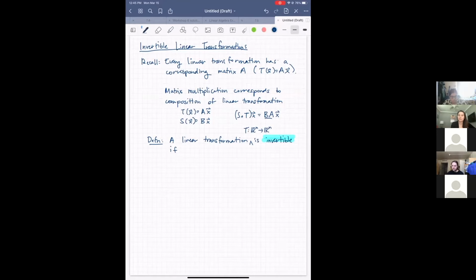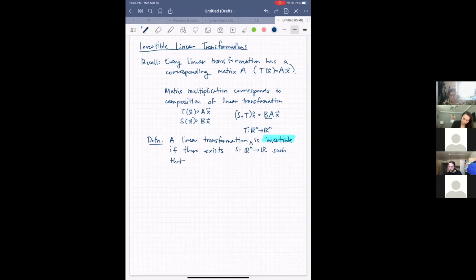It's actually necessary for it to be from Rn to Rn. A linear transformation is invertible if there exists another linear transformation, we'll call it S for now, such that when we compose them, we get the identity.